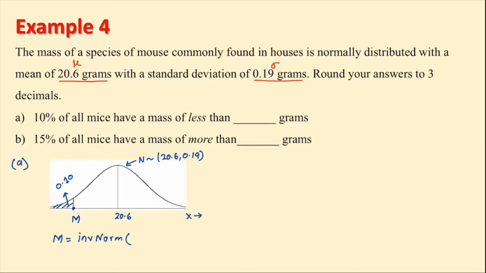And then we write the area to the left of this M value. So if you see, the area on the left is 10%, area on the right will be 90%. So area on the left, that's what we want, which is 10% or 0.10. Then we write the mean, which is 20.6 in this case, and standard deviation 0.19.